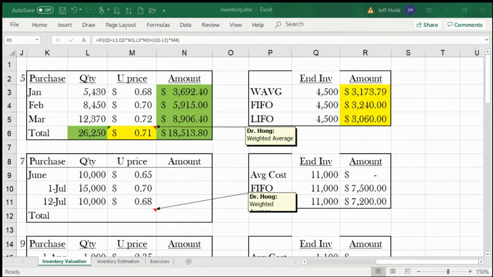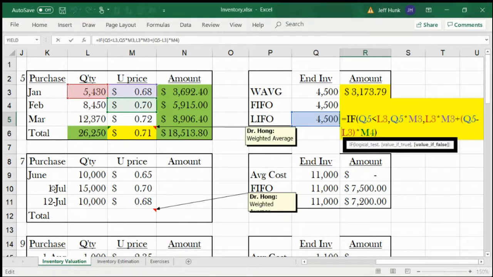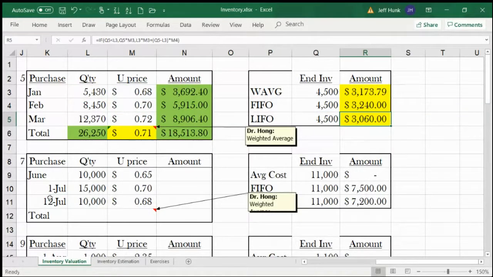And in our next example, we have June, July, August in the slide, but we have June, July. So let me change this to simply July.